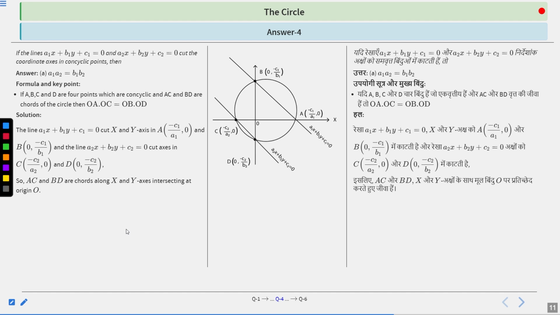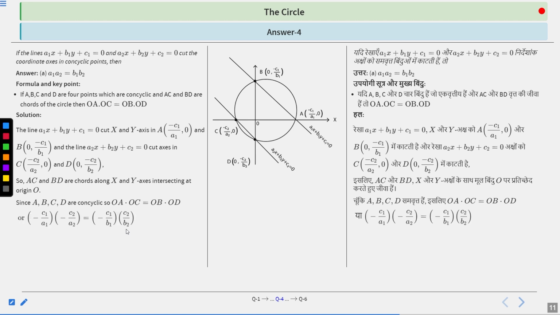So AC and BD are chords along the x and y axis intersecting at the origin. Now, since A, B, C, D are concyclic, OA into OC will be equal to OB into OD.